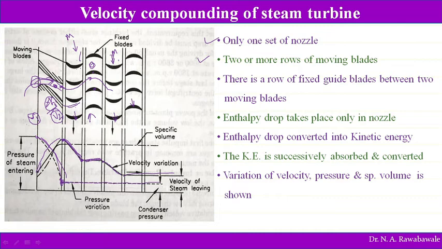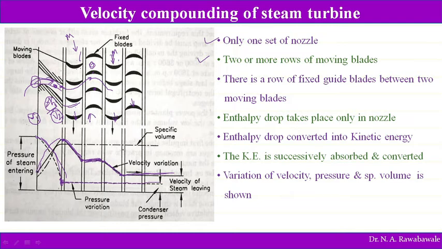Then when it passes through the moving set of blade, velocity remains constant. Again when it passes through the next set of blade, velocity gets reduced, and finally it comes out at a particular velocity.